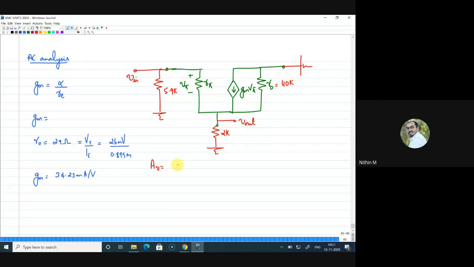When I write the expression, AV is equal to GM into RE parallel R0 divided by 1 plus GM into RE parallel R0. This is the expression we have, right?